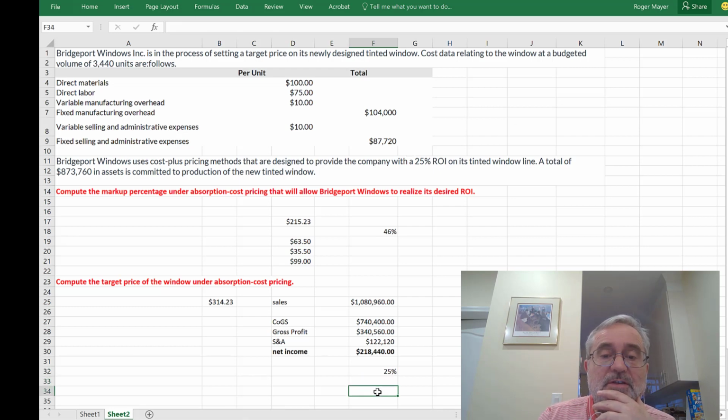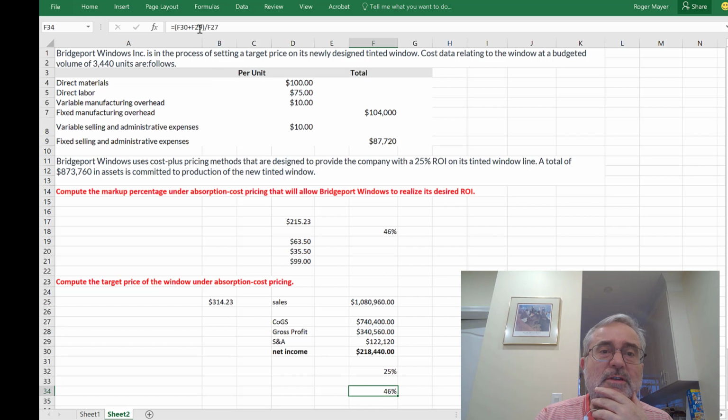The other piece of this is going to be our markup. We said that we wanted this 46% markup, and let's see if we actually got that. So where is our markup coming from? The markup is going to be our net income plus our sales and administrative expenses. We're then going to divide this by our cost of goods sold, and this is 46%.